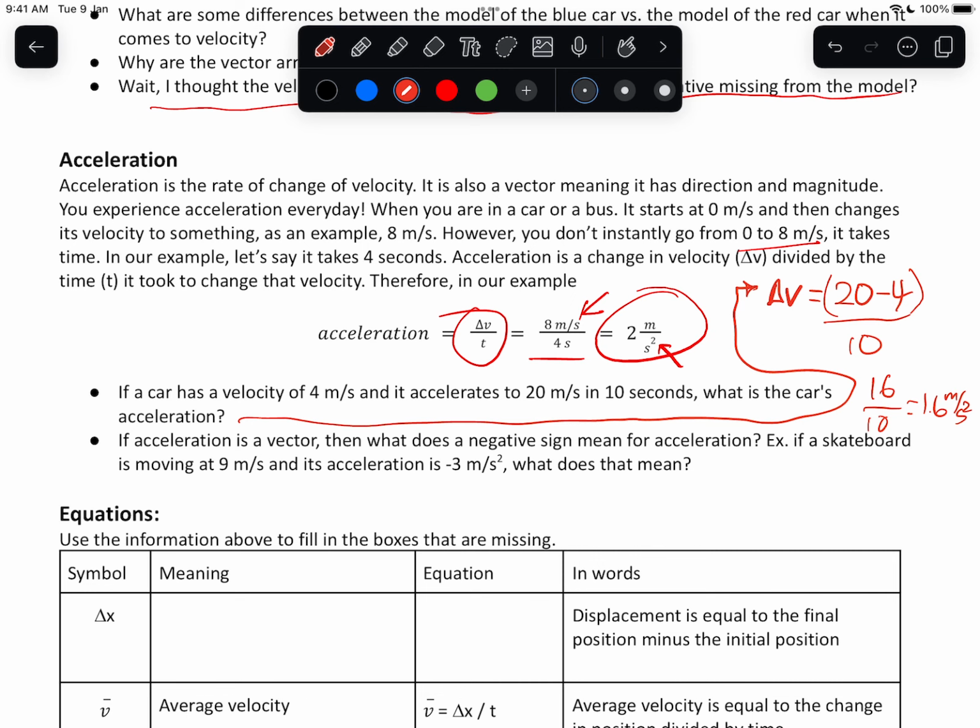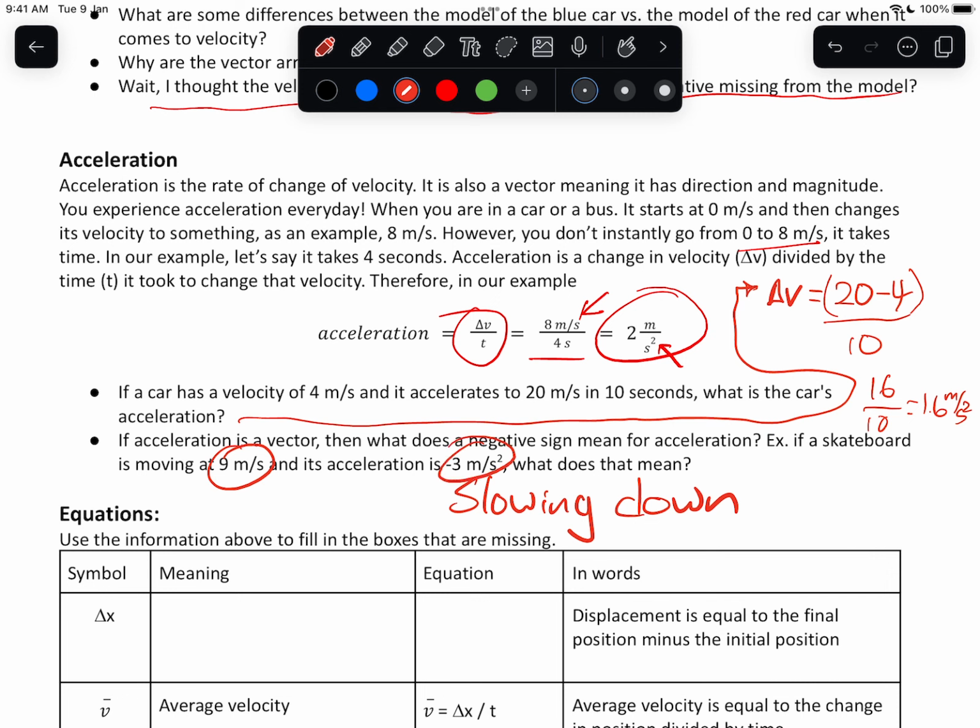All right. If acceleration is a vector, then what does a negative sign mean for acceleration? Example, if a skateboard is moving 9 meters per second and its acceleration is negative 3 meters per second squared, what does that mean? Well, it means that it's slowing down. If this is a positive vector and this is a negative vector, it means that it's slowing down.